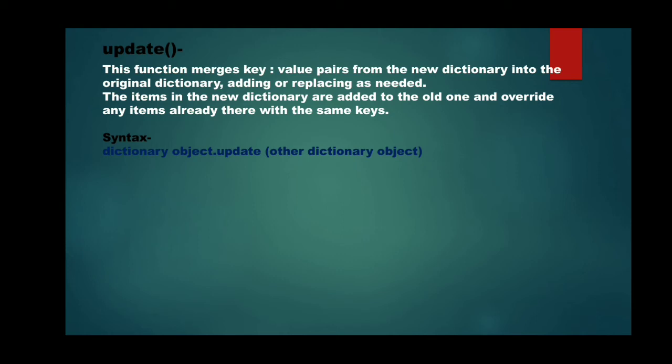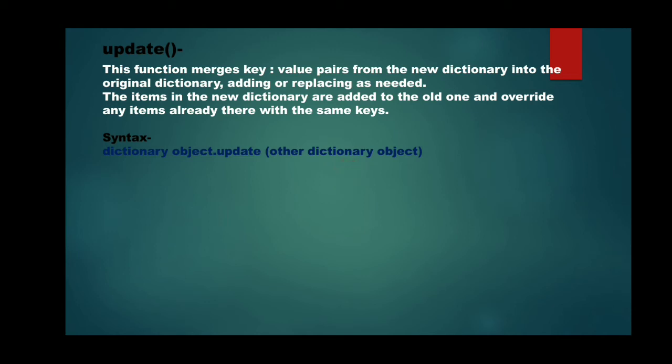See, this is the syntax. This dictionary object is the current dictionary object through which we are calling this function, through which we have written dot update. And another dictionary object is passed as an argument to this function. So now it is going to update this dictionary object using the dictionary passed as an argument.